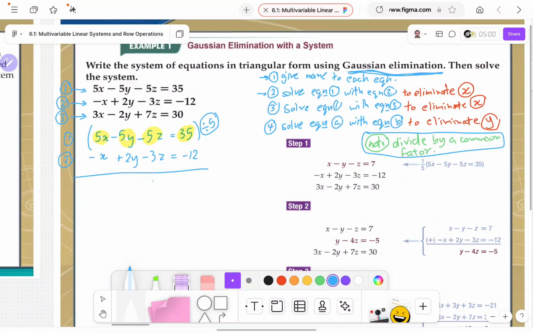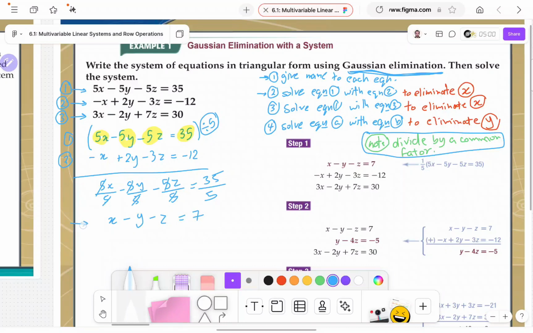So if I divide the whole equation by 5: 5x divided by 5, then minus 5y divided by 5, then minus 5z divided by 5, equal to 35 divided by 5. So the 5 cancels and x remains, minus 5 cancels and y remains, this one also cancels, and 35 divided by 5 is equal to 7.